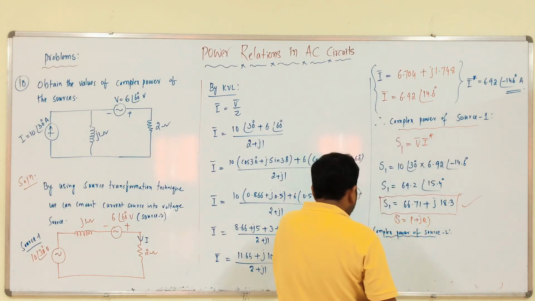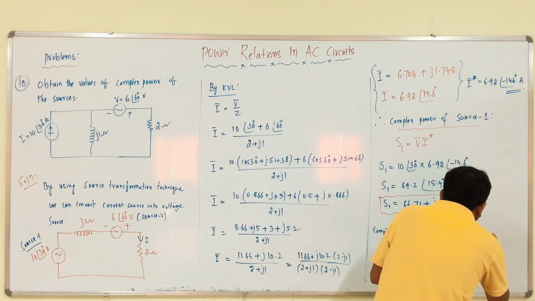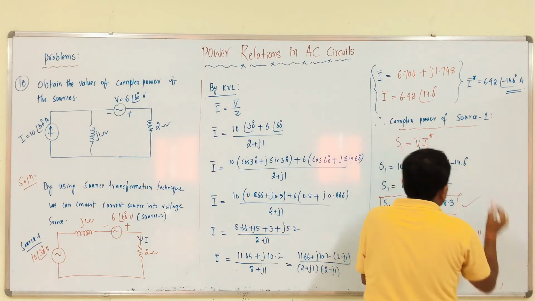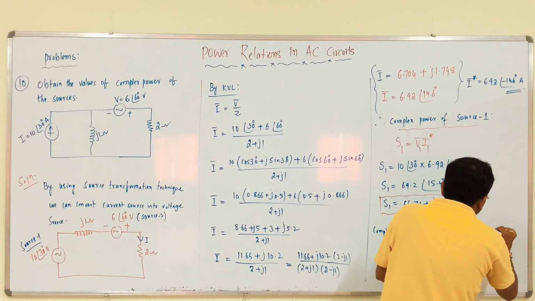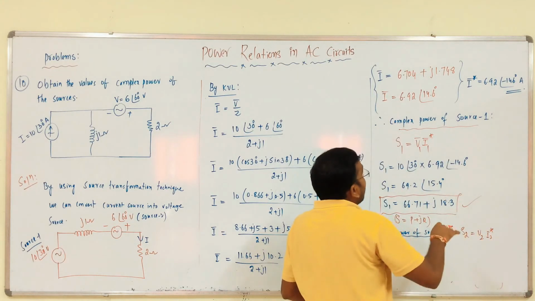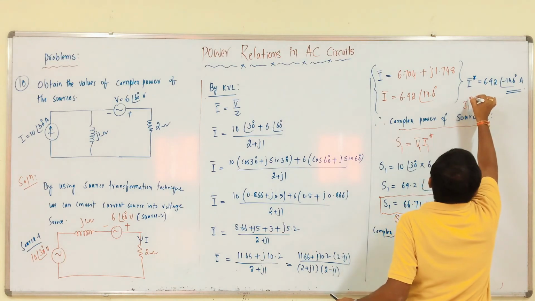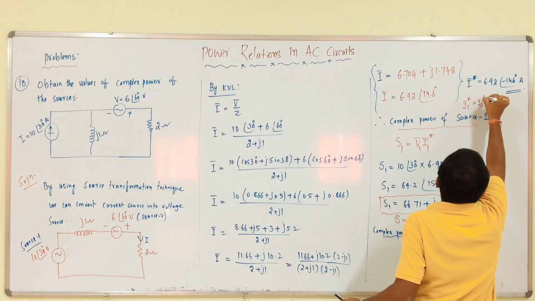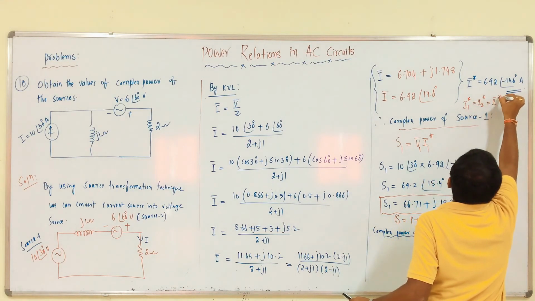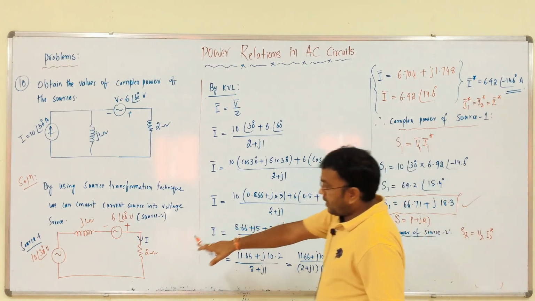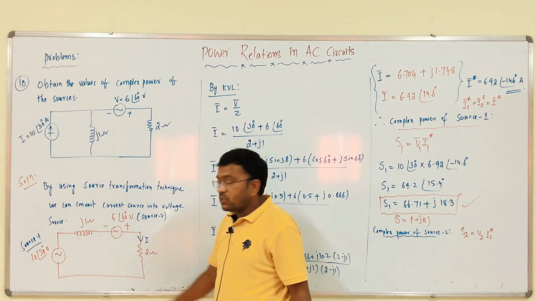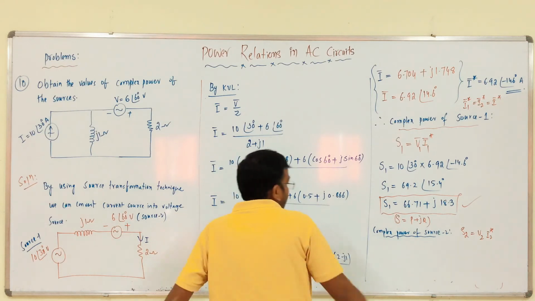is what? Again, S2 is nothing but V1 I1 conjugate, V2 I2 conjugate, but in any case I1 conjugate should be equal to I2 conjugate, which should be equal to I conjugate, that is it, right, because the current is the same in every branch, because all are connected in series.